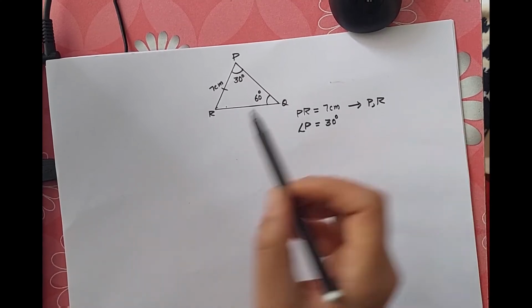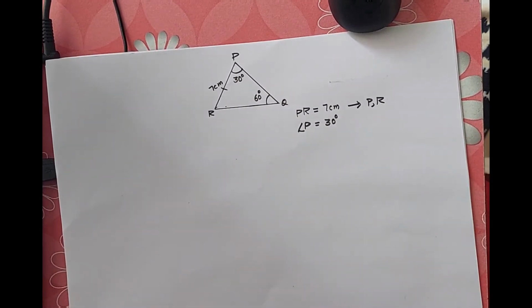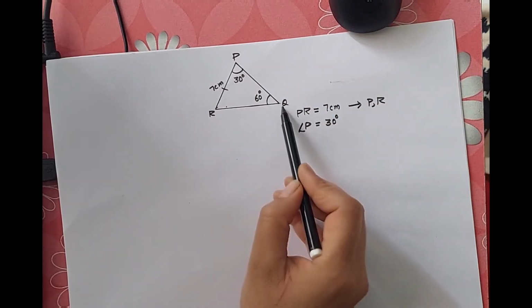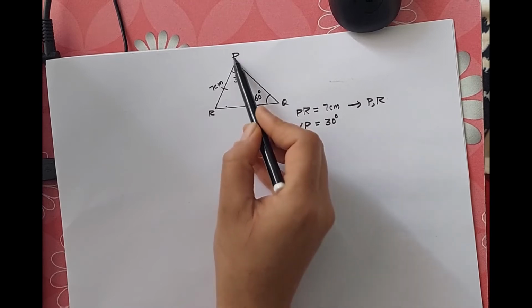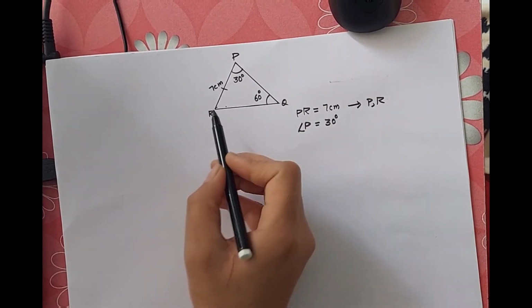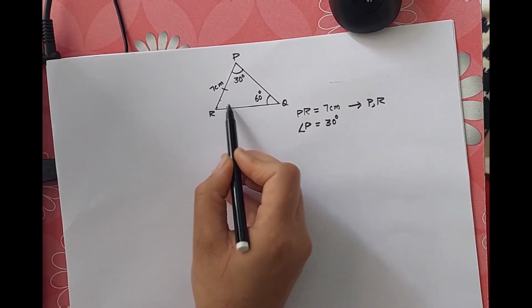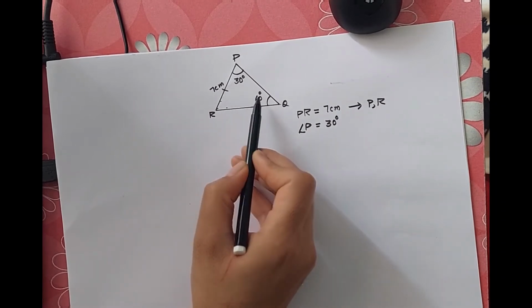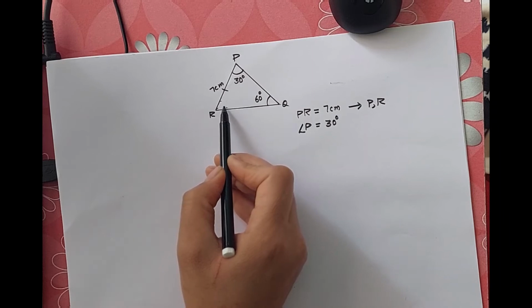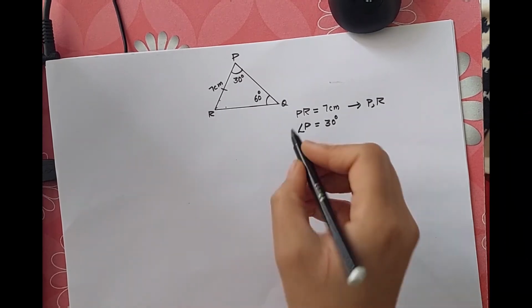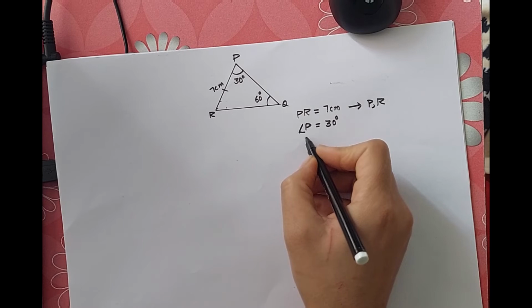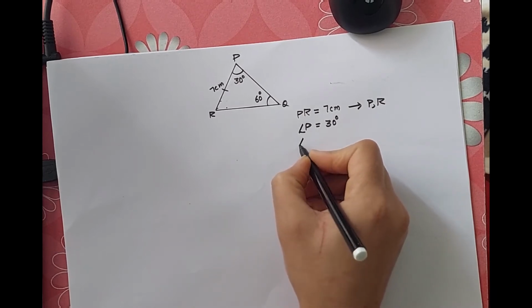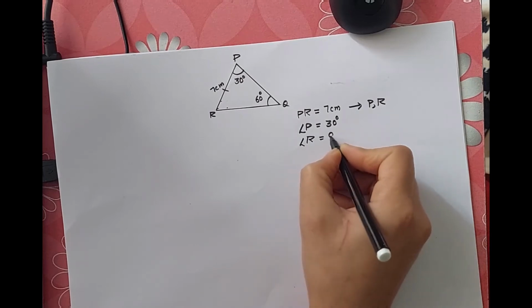It's quite simple. What did I say? What all should be given? Either PQ or RQ or angle R. For PQ and RQ we cannot say anything, but we know something about angle R. What is that? If it is 30 and it is 60, this is 90 degree. So you can actually say here that angle R equals 90 degree.